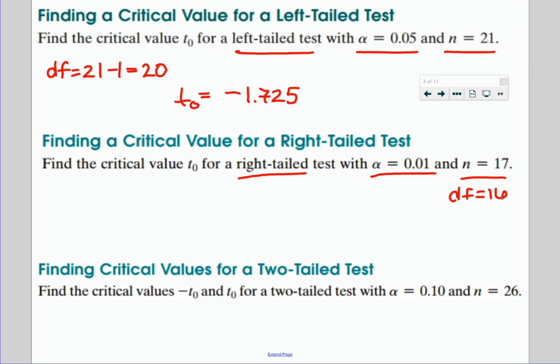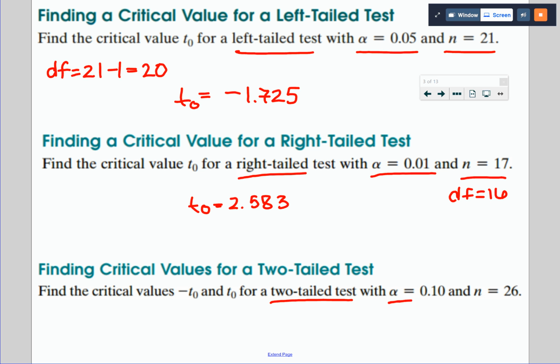And I see 2.583. Look good? Everybody see that number? Okay, great. So if it's a right tail test, we use the positive value, the one that we see. 2.583.